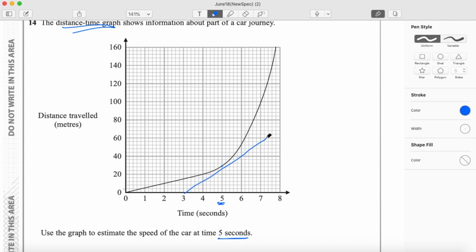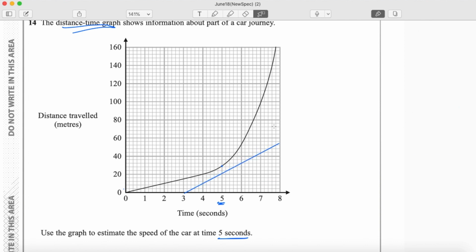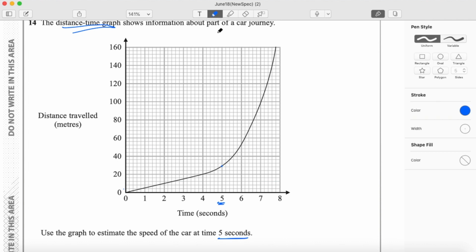and if you remember, a tangent is the line that is at 90 degrees perpendicular to that point on the graph. So I think we'd get something like that.